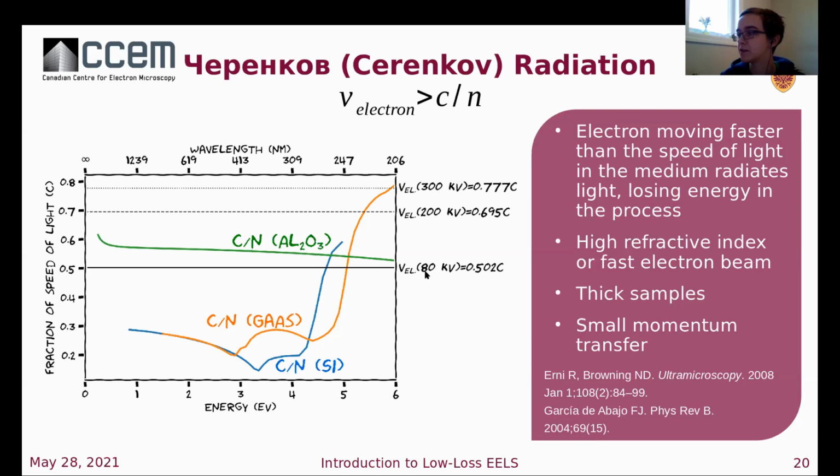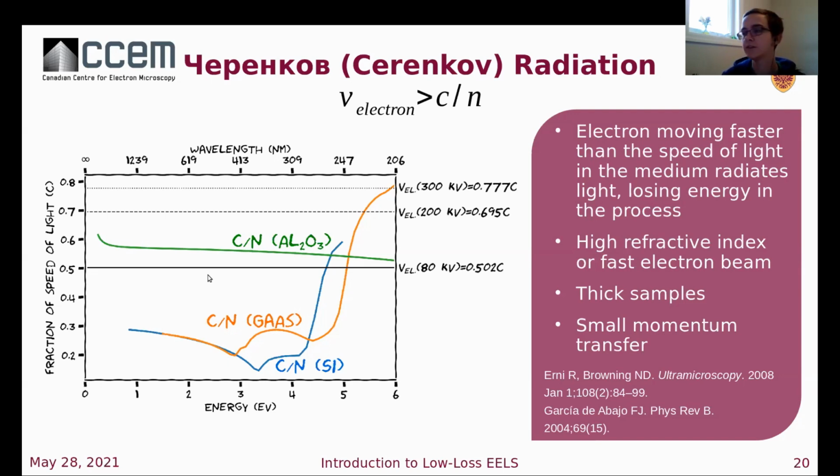Now we compare that to our electron energy at 200 or 300 kilovolts, and this electron is moving at 0.7 or 0.8 times the speed of light in vacuum. So the electron is actually moving a lot faster than light in this medium and can emit Cherenkov radiation.